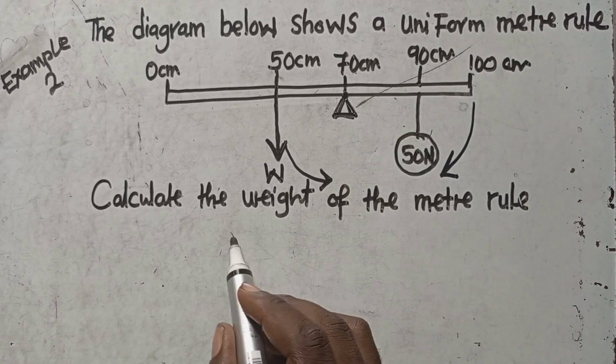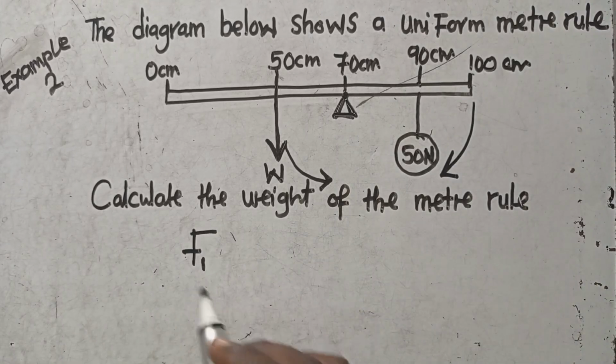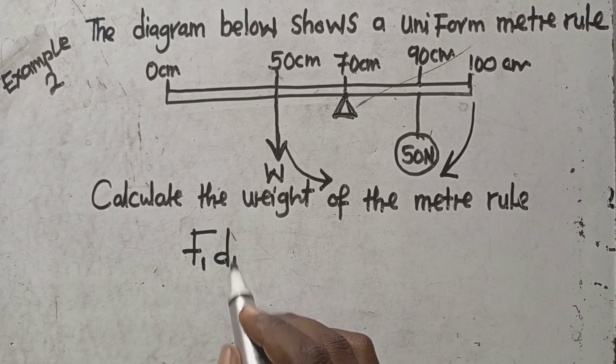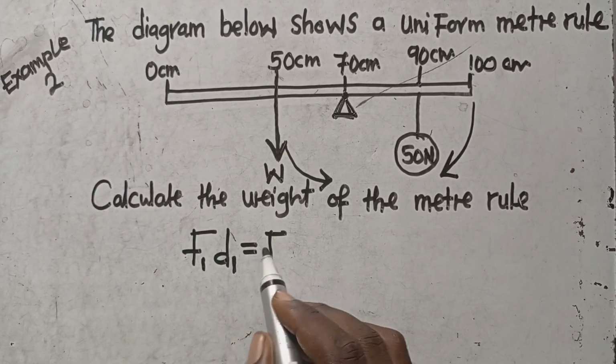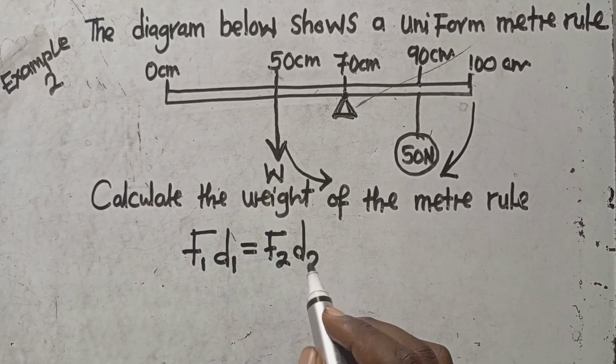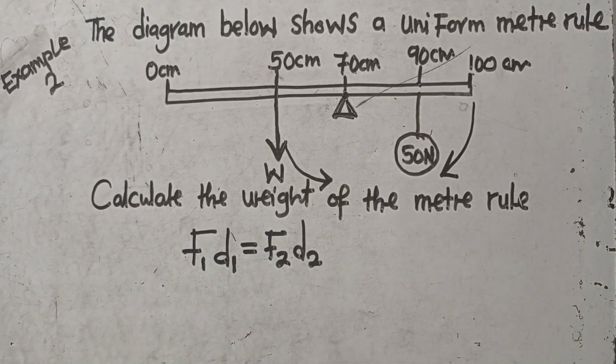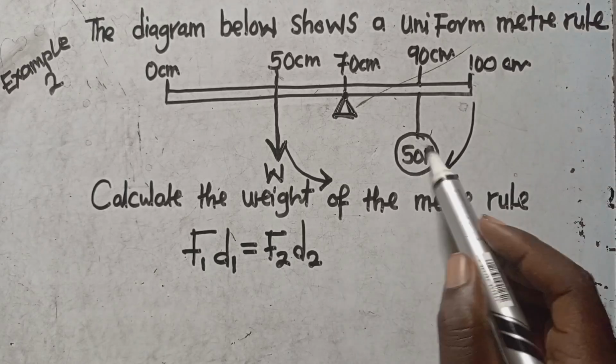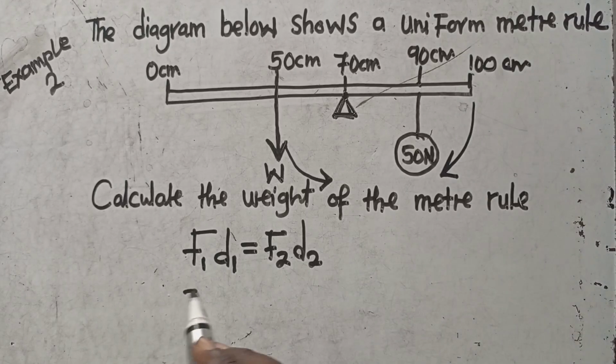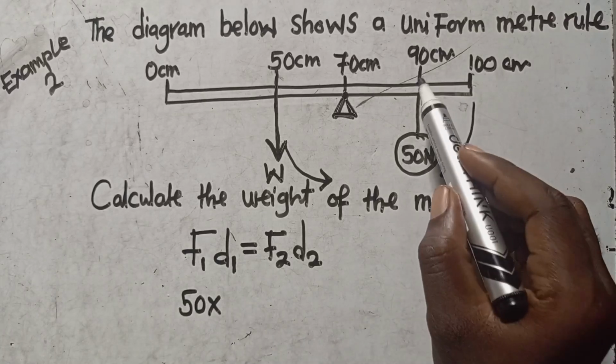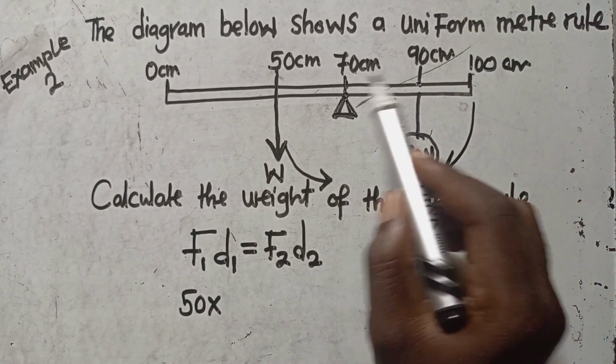The formula I'm using is force 1 times distance 1 is equal to force 2 times distance 2. So here, this is the force, which is 50, multiplied by the distance from here to where the pivot is.